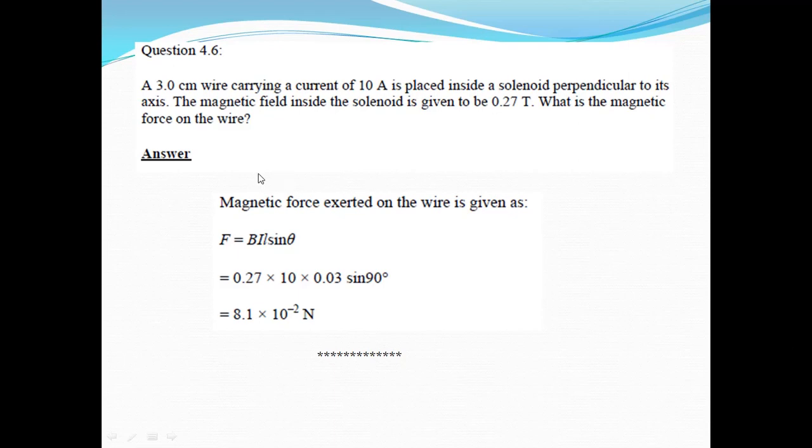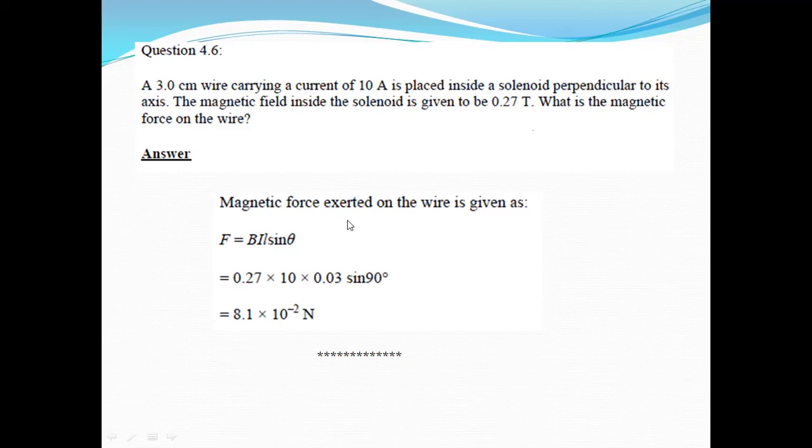Next question. A 3.0 centimeter wire carrying a current of 10 ampere is placed inside a solenoid perpendicular to its axis. The magnetic field inside the solenoid is given to be 0.27 Tesla. What is the magnetic force on the wire?